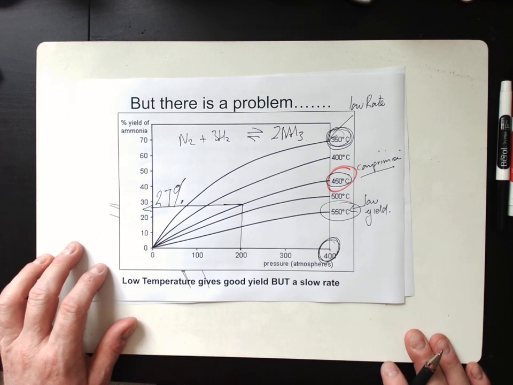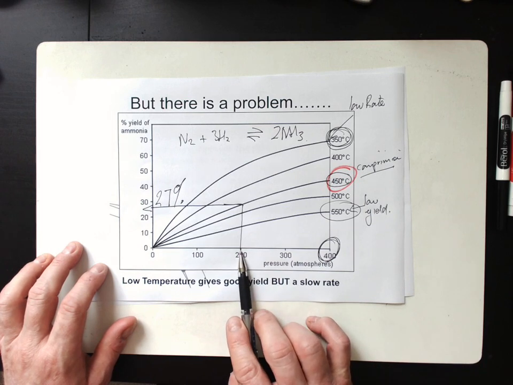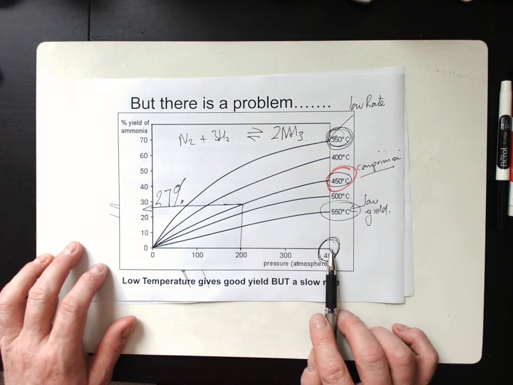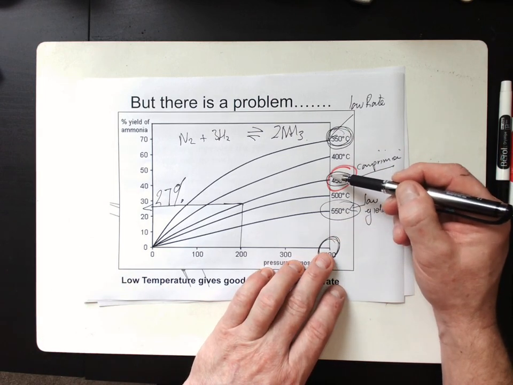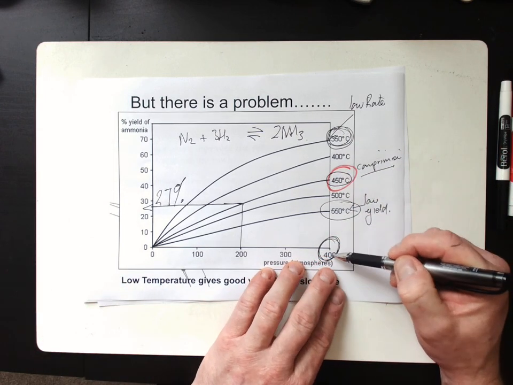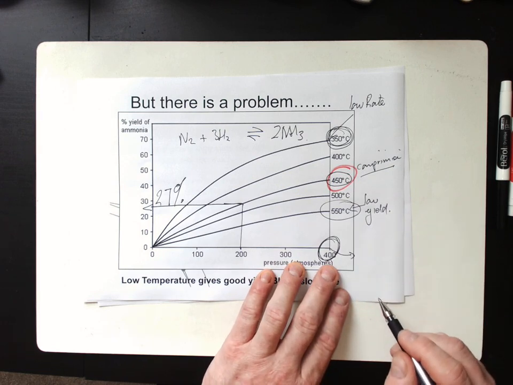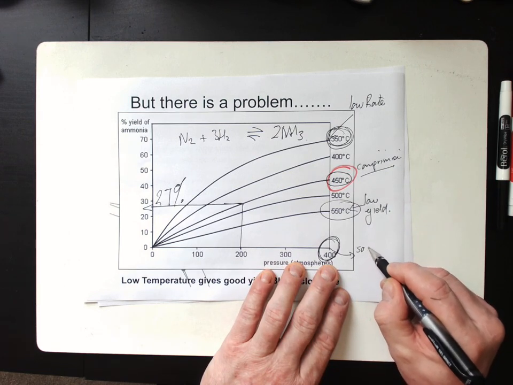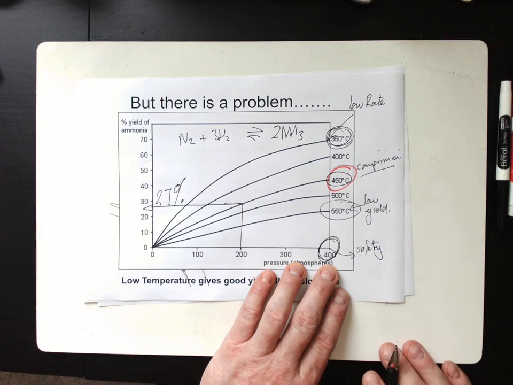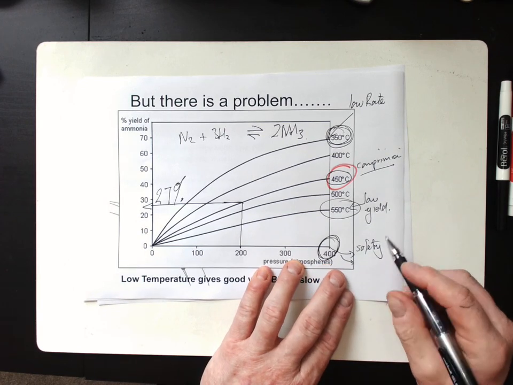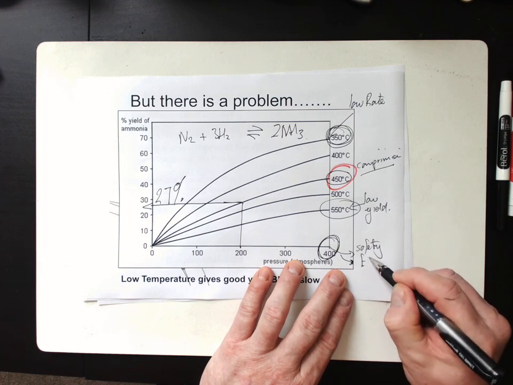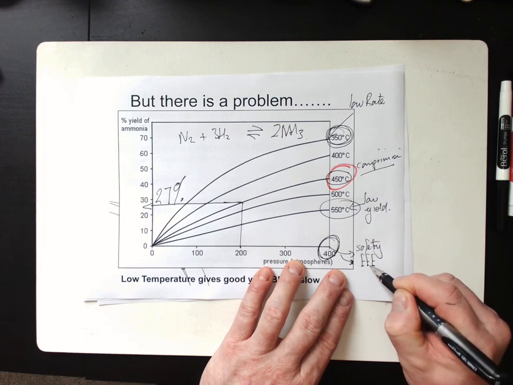Let's look at pressure then. So we're using 200 atmospheres of pressure, whereas 400 would give us way, way higher yield. So why do I not use 400 atmospheres of pressure? Well, again, remember earlier, high pressure has got safety issues. High pressure is very expensive to maintain.